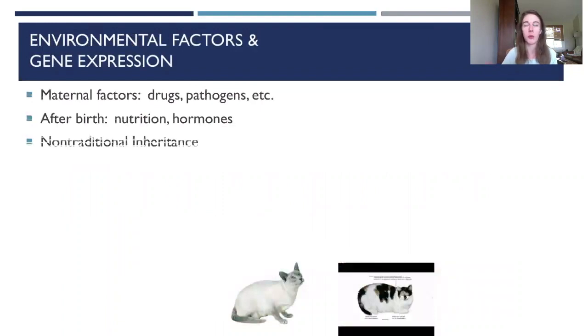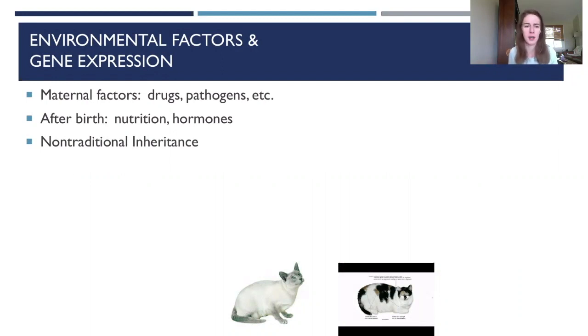Now, you've probably heard of the nature versus nurture debate, and we know now that it's not really a debate, it's just a combination of both of those things occurring. So you can have environmental factors that affect your actual genetics for the rest of your life. They don't just, like a virus or bacteria, make you sick temporarily.